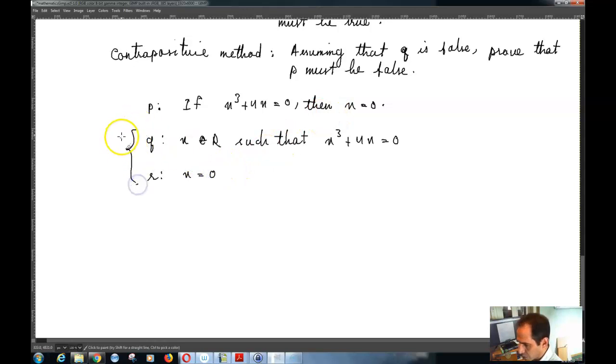So these are the component statements of this compound statement.